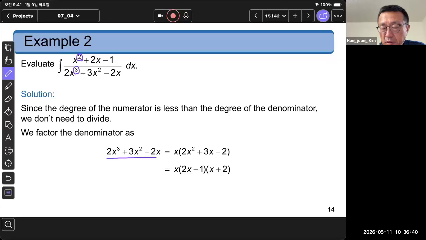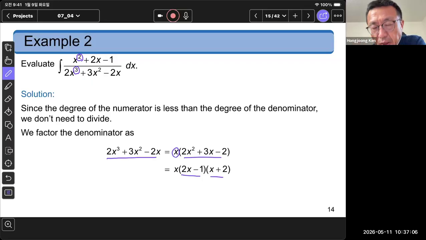In this case, x is common. If I write this denominator as x times a second order polynomial, this second order polynomial can be easily factored into linear terms like this. So I have three linear factors and they are all distinct.